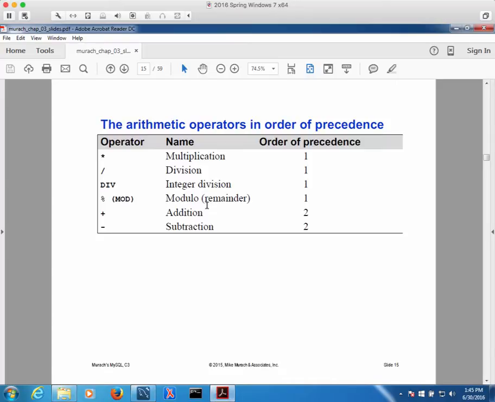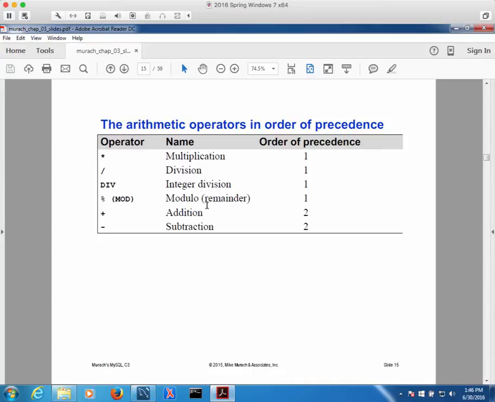Well, you can use the plus for addition. You can use the minus for subtraction. Those of you who've already worked with programming languages will not be surprised that the asterisk is used for multiplication. The slash is used for division.